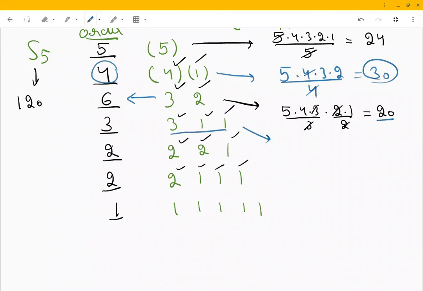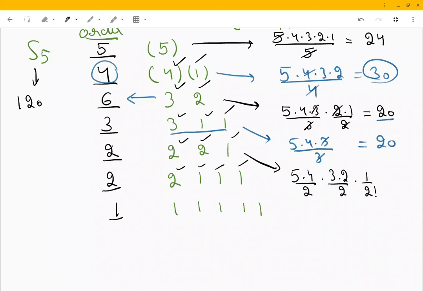Now coming to this 3, so we have 5, 4, 3 by 3, and 1 and 1 that do not matter. You can skip them. This is again 20. Then this 5, 4 by 2, 3 times 2 by 2, and then dividing this by 2 factorial to remove the permutation between these two cycles.